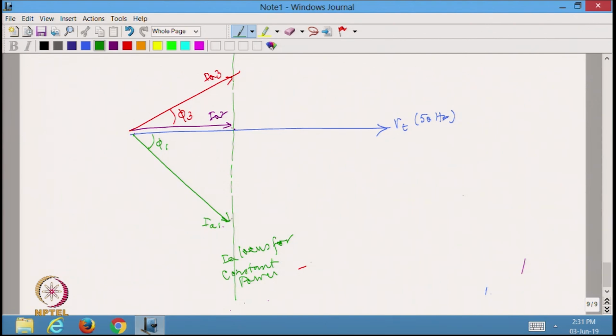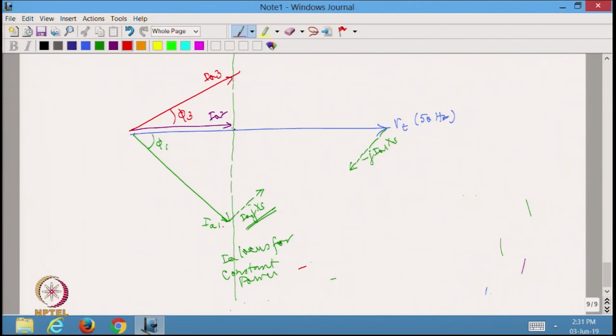If I have to draw the drop for IA1, it is going to be IA times JXS corresponding to this IA1. If I subtract this quantity from Vt, which I have to draw like this, actually parallel to this, so let me draw it like this, this is minus JIA1 XS.